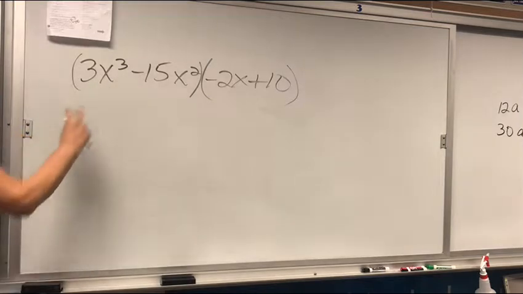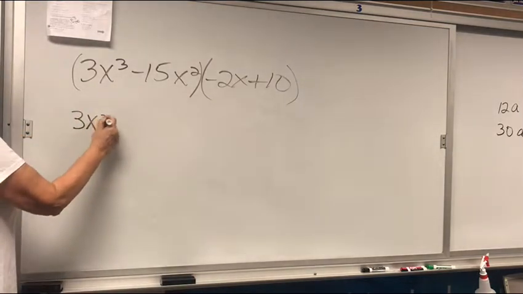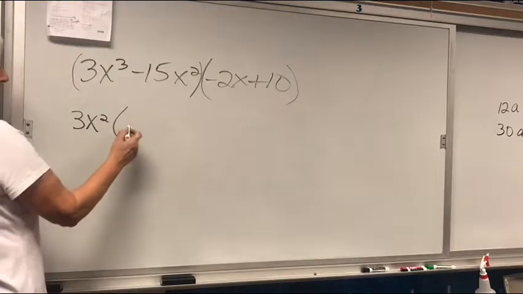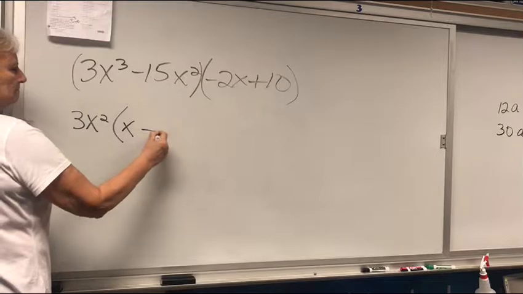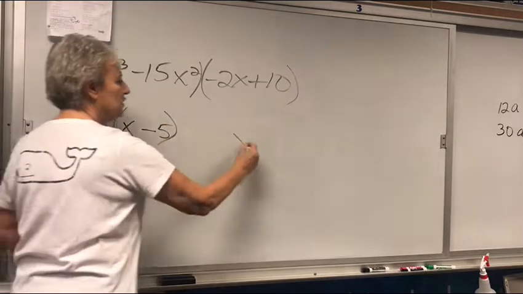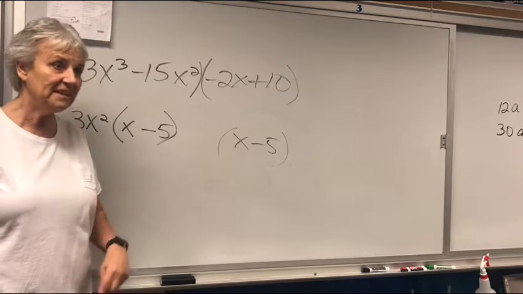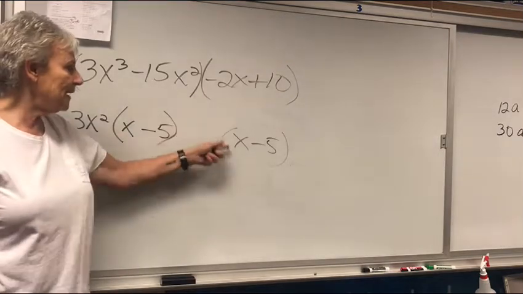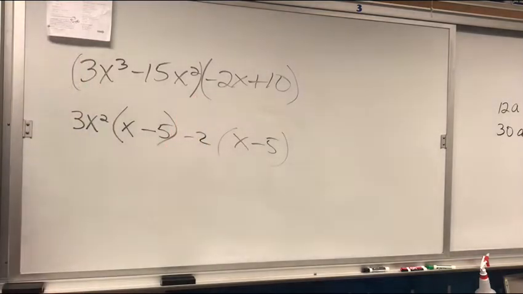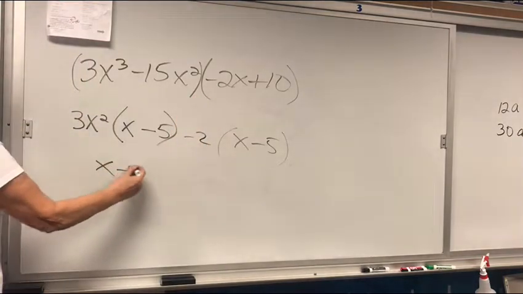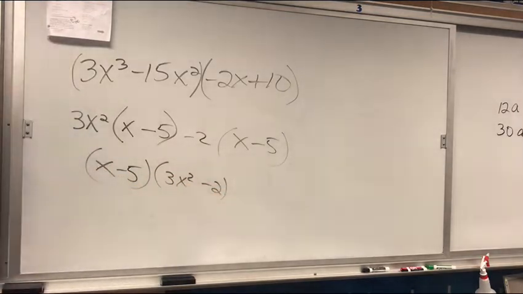What is the greatest common factor here? 3x squared times x minus 5, and you get to write it again no matter what. Just write it. And how do I get that back? Done. x minus 5, 3x squared minus 2.